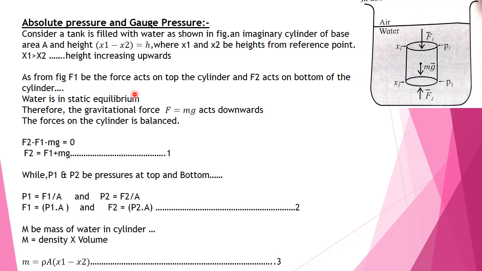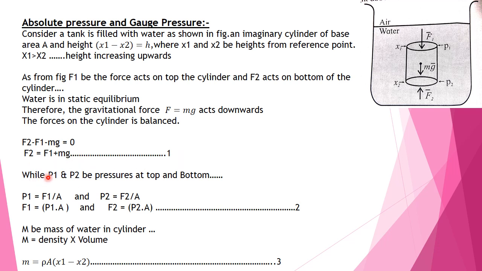From the figure, F1 is the force acting on the top and F2 at the bottom. By static equilibrium, the force F is equal to mg, which is acting in the downward direction as shown in the figure. By the equilibrium condition, downward forces are negative, upward forces are positive. That's why F2 minus F1 minus mg is equal to 0. Therefore, the remaining term F2 is equal to F1 plus mg, equation number one.